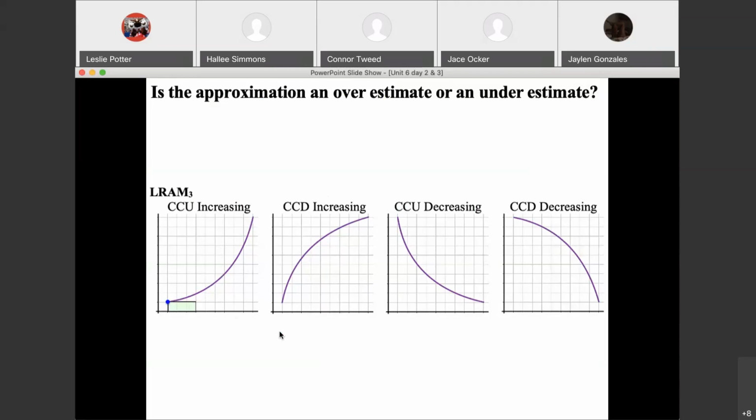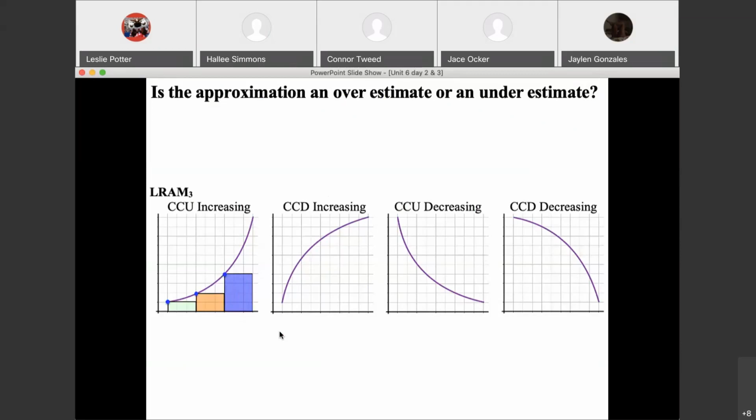There's my left approximation. At the end of that, I'm going to start my next box. I go up to the function, find that point, sweep across 3 boxes. Then I start my new box, go up and find that point, sweep across 3 boxes. There's an LRAM.